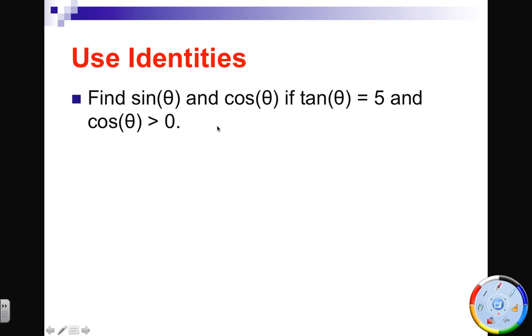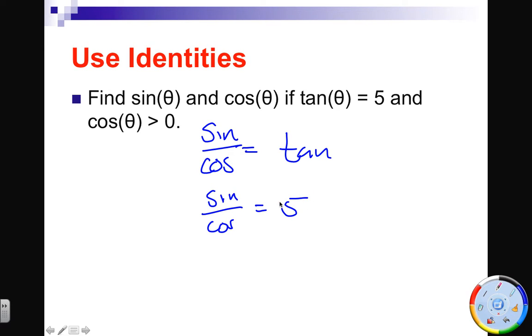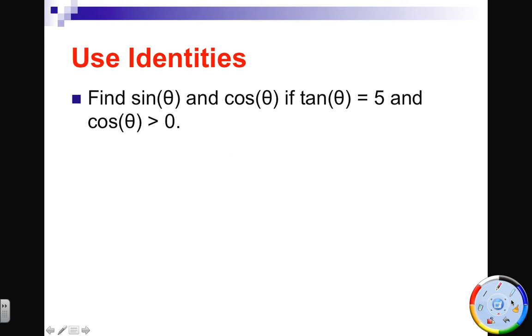Some of you might be trying to go, oh, sine over cosine is tangent, so sine over cosine is 5, but that doesn't actually tell me enough information to solve for both sine and cosine. So that one doesn't work. But I know that 1 plus tangent squared theta is equal to secant squared theta. And this will get me secant, so I can find cosine.